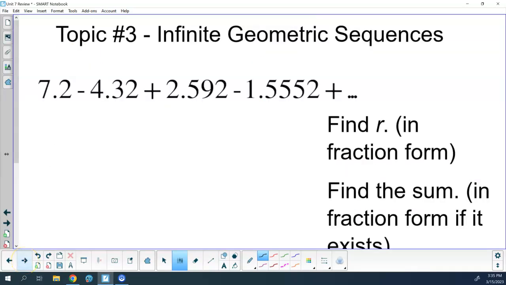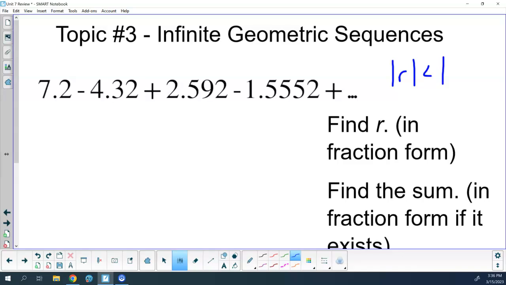The third topic is infinite geometric sequences. Now remember, we can only find the sum of these if the absolute value of r is less than 1. If the absolute value of r is bigger than 1, we can't find it.